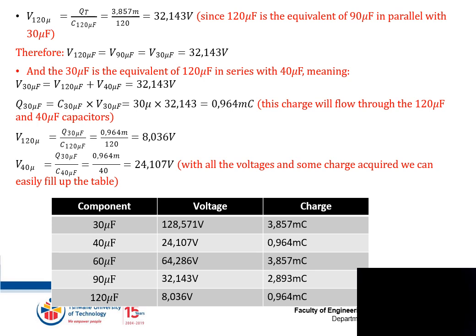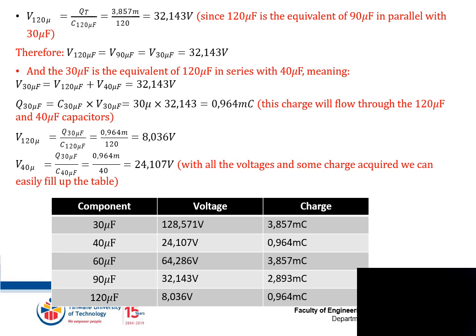Therefore, V of 120 microfarads would be equals to 0.964 milli divided by 120, which gives us 8.036 volts. And then V for the 40 microfarad capacitor will be equals to 0.964 milli divided by 40, which gives us 24.107 volts.